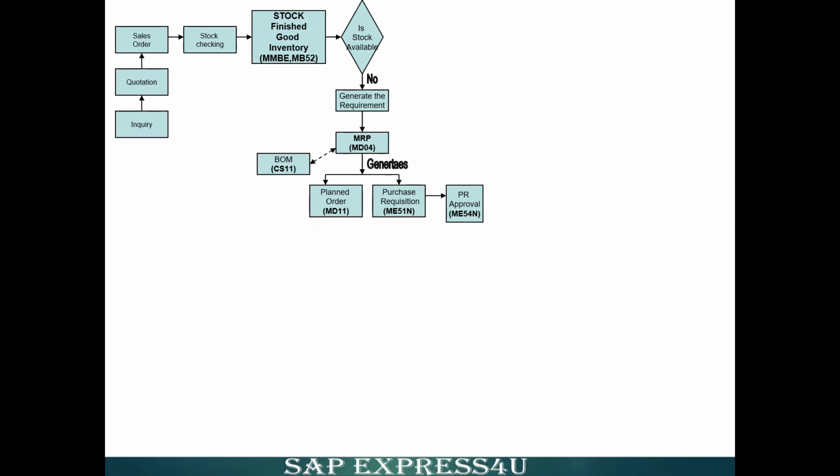Okay, now the question comes: is this a first time order? Like, the raw materials which we are going to procure, are we procuring them for the first time, or have we already procured this item? Let's say yes, this is a first time order. Let's take an example. What do I mean by first time order?